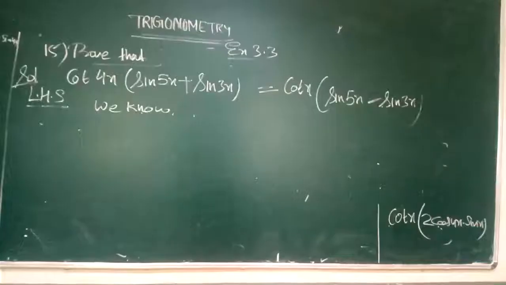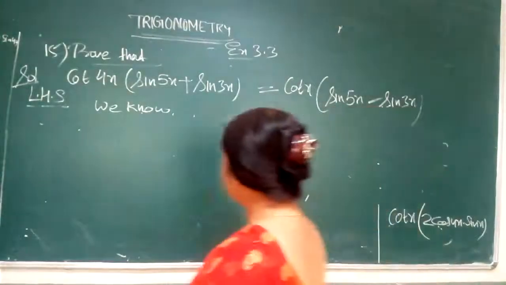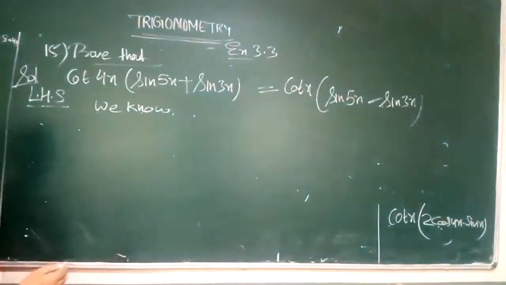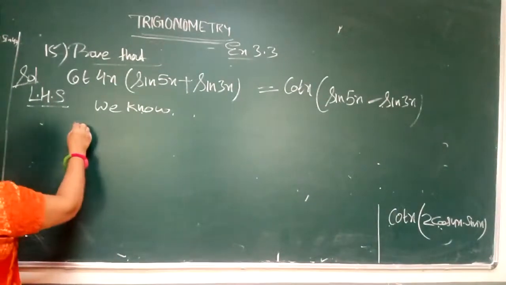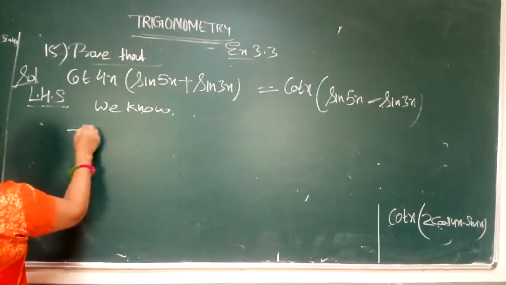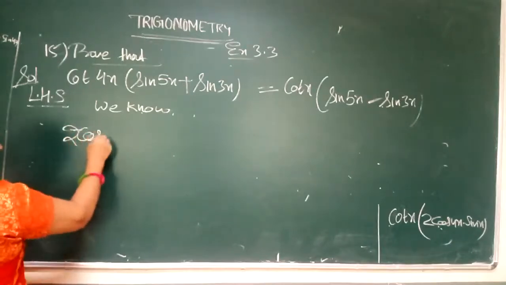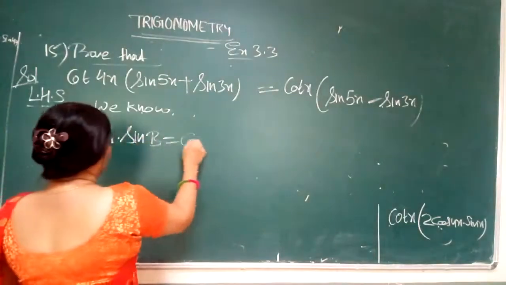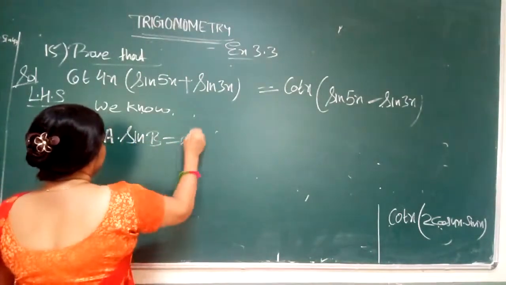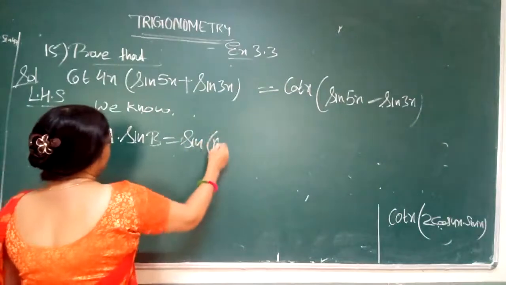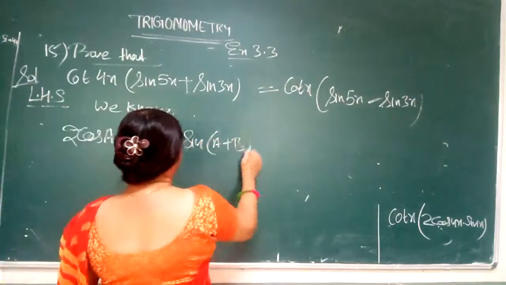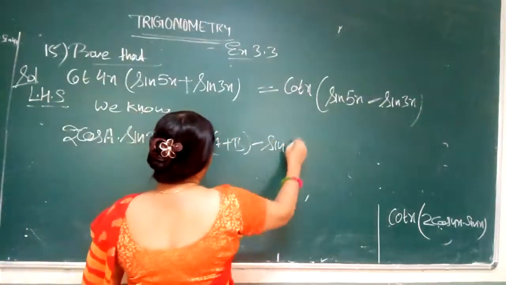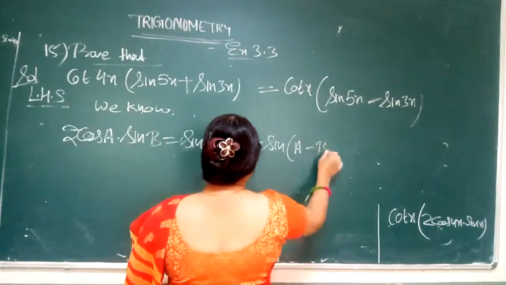So we will use a formula: cot x into 2 cos 4x into sin x. We know that 2 cos A into sin B is sin of A plus B minus sin of A minus B.